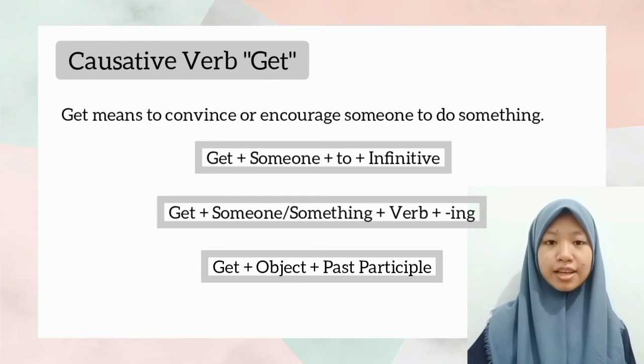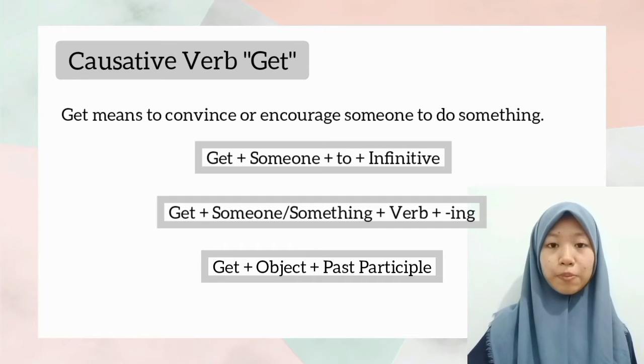The first formula is get plus someone plus to plus infinitive, such as to clean or to wash. The second formula is get plus someone or something plus verb plus ing, such as washing, cleaning.